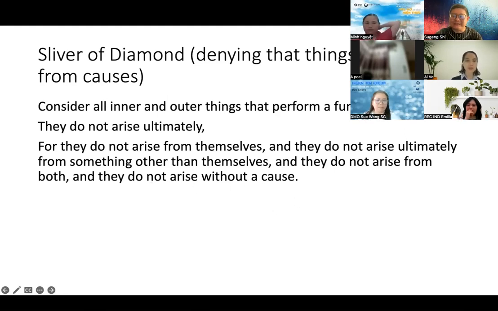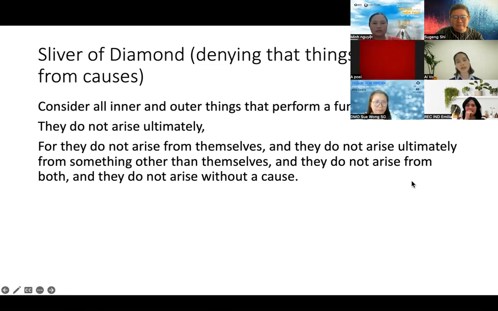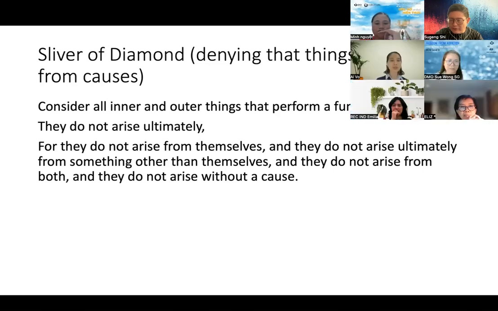Okay, so this is a very difficult concept. In fact, this is taken from the Arya Nagarjuna. If you have attended Arya Nagarjuna teaching, this will sound very familiar. Yeah, we use the four combinations and focusing on the cause.